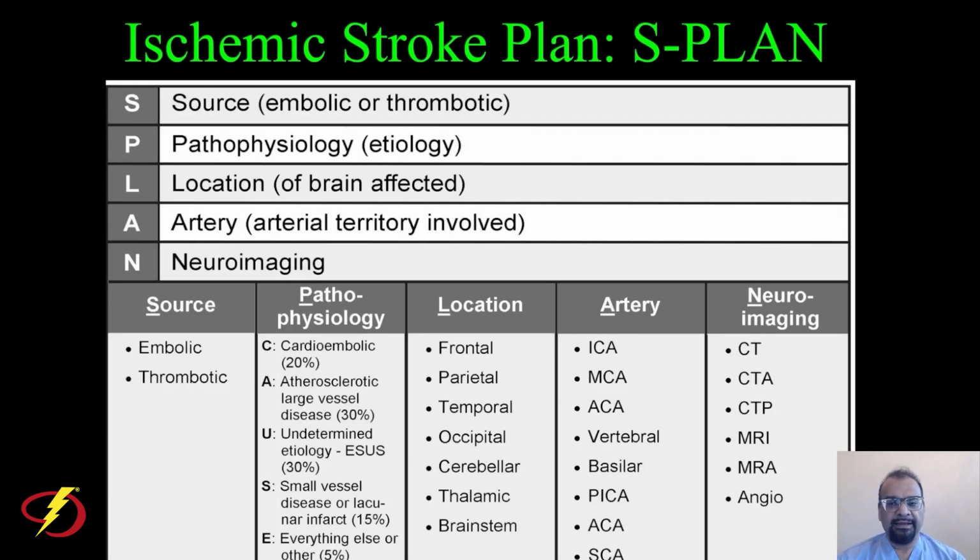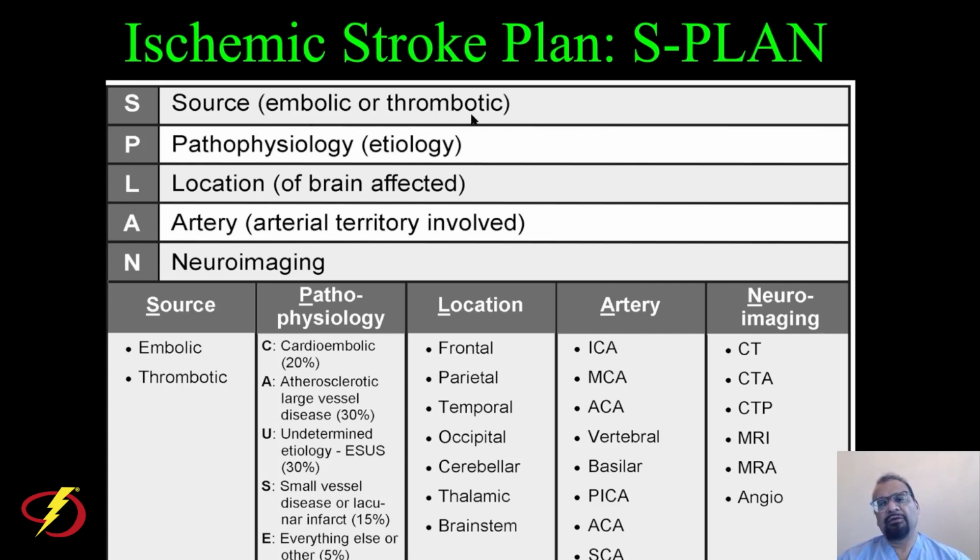Now, one thing, because we're talking about different mechanisms that could cause stroke and multiple different things pertaining to stroke, I strongly encourage you to adopt this mnemonic, S PLAN, which stands for stroke plan. Whenever you're dealing with a stroke, you should consider all of these things, and all of these things considered together will help you understand stroke very well. So the first consideration, the S, stands for source.